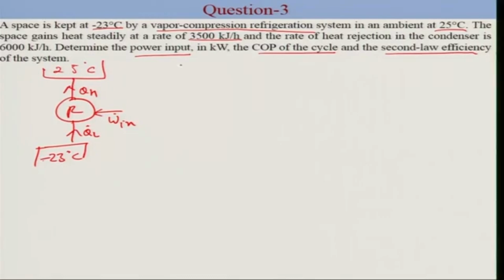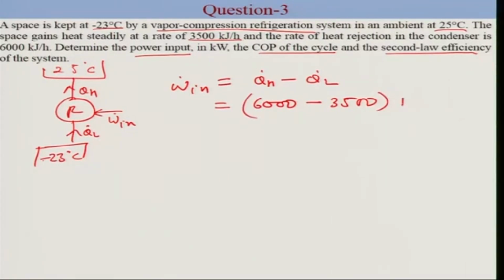Now, the power input would be equal to Q dot H minus Q dot L. So, it is given in the question Q dot H is 6000 minus Q dot L is 3500 kilojoule per hour. Okay. So, we get 2500 kilojoule per hour, but we need to calculate in kilowatt.